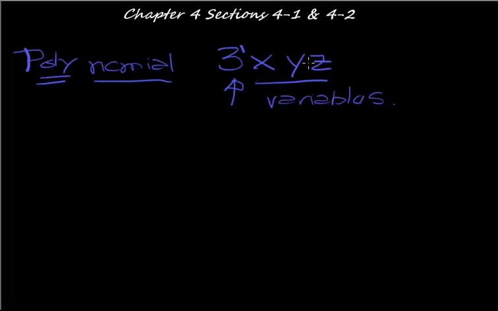So we understand that the exponents here are all 1. We could change that up and say this is 2, this is 2, and this is 3. The degree of a polynomial references the highest exponent. So this is a third degree polynomial expression.